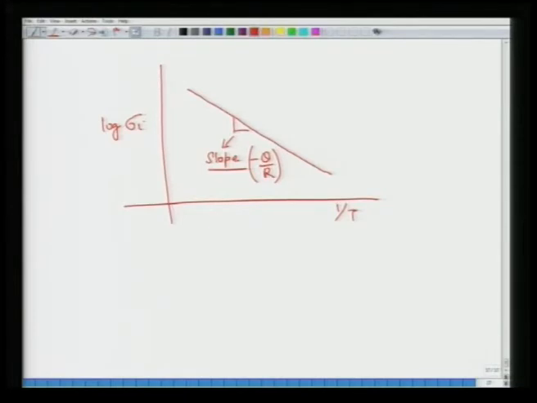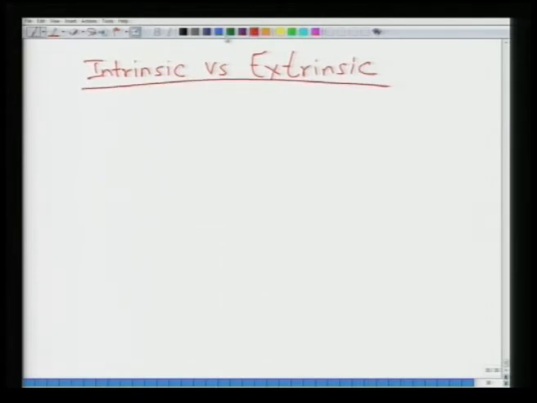Similar to diffusivity, if you have impure solids, you will have two regions: intrinsic versus extrinsic. In case of systems having impurities, whether intentional or unintentional, it does not matter.